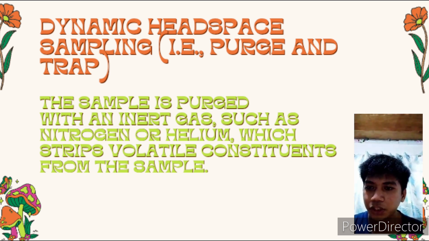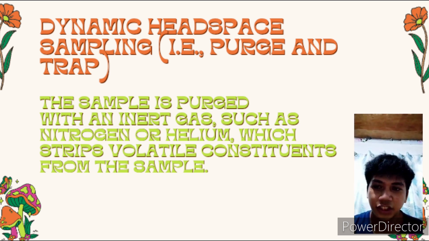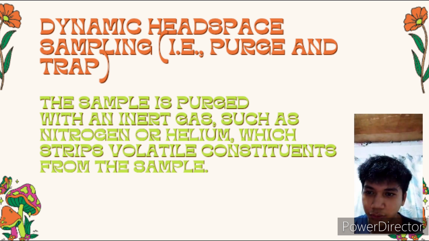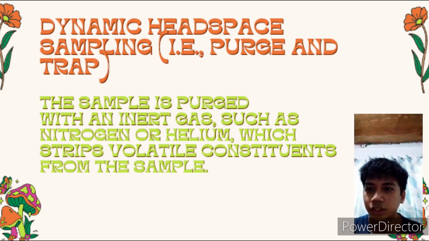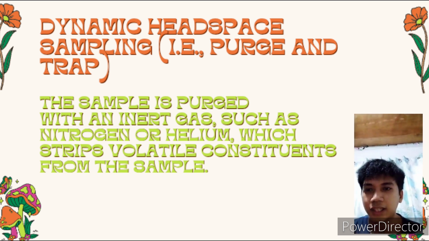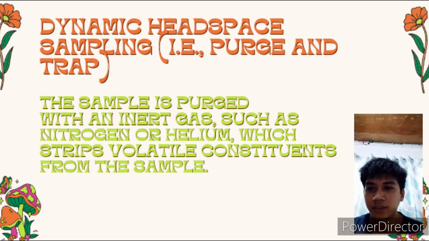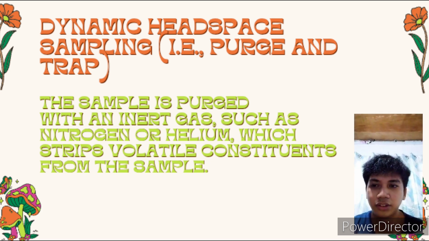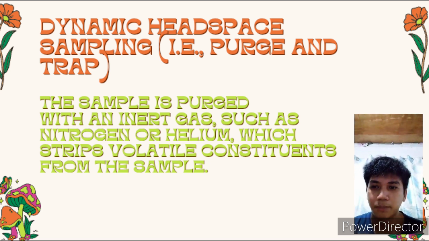The sample is purged with an inert gas such as nitrogen or helium, which strips volatile constituents from the sample. So, ang dynamic headspace sampling naman daw po ay ginagamit po para ma-extract po at ma-concentrate from solid to liquid sample po.